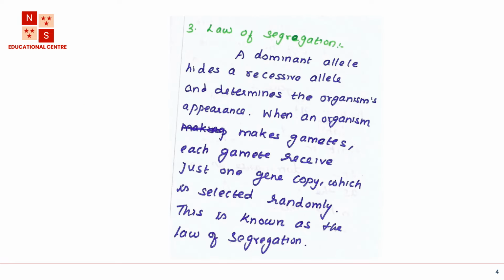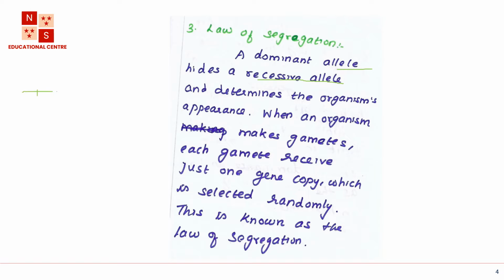Next, the law of segregation. What is the law of segregation? A dominant allele hides the recessive allele and determines the organism's appearance. When an organism makes gametes, each gamete receives one copy, which is selected randomly. This is known as the law of segregation.